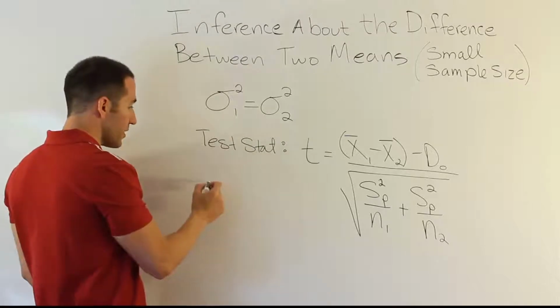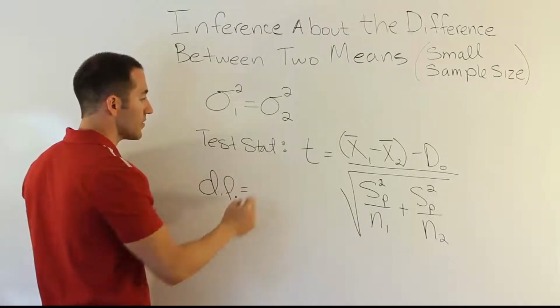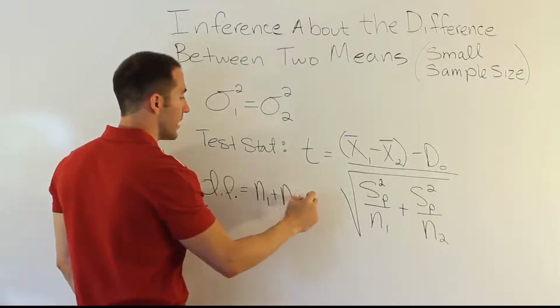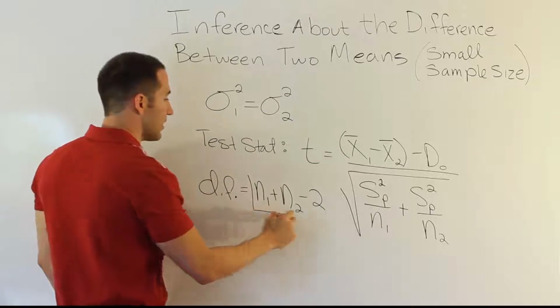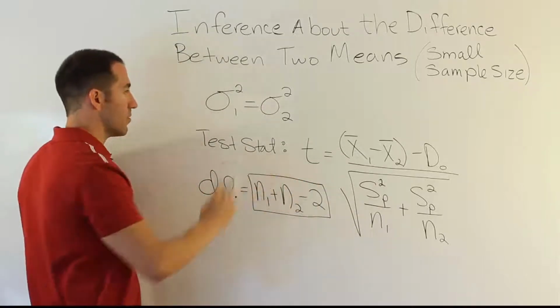And the degrees of freedom in that scenario, the degrees of freedom for the t-value, is going to be N1 plus N2 minus 2. So that's the classic degrees of freedom that we've been using in many of the problems.